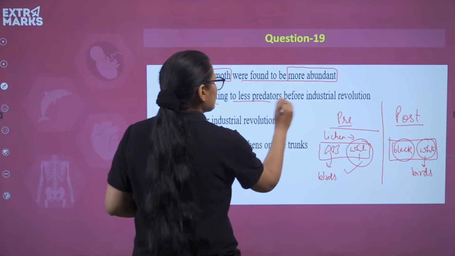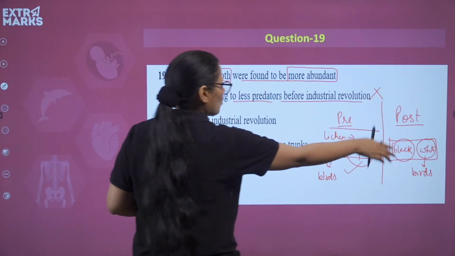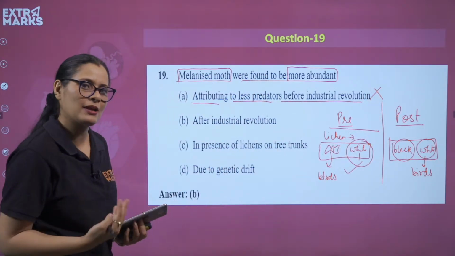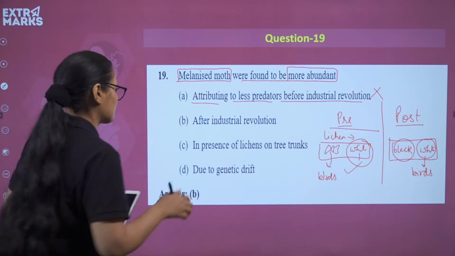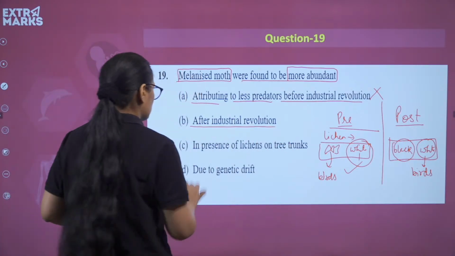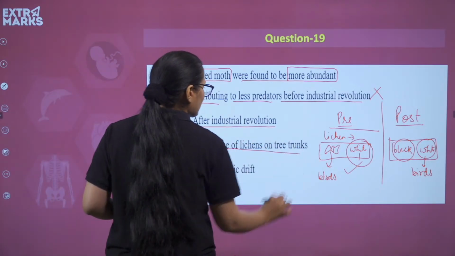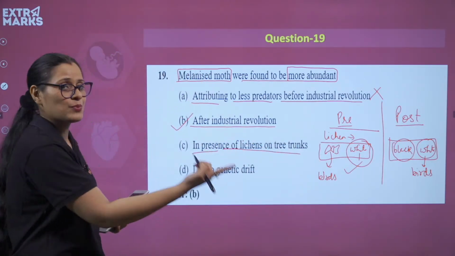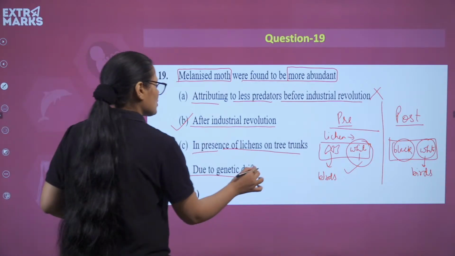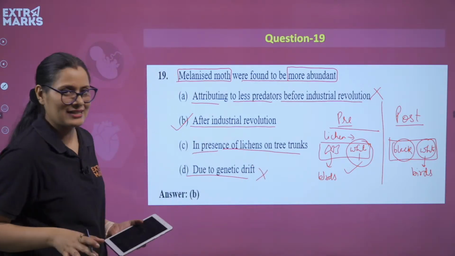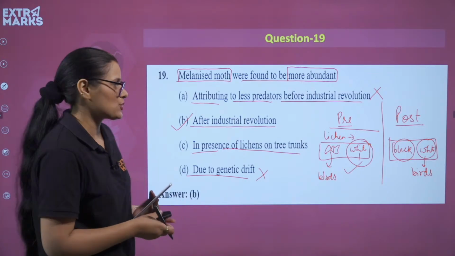Attributing to fewer predators before the industrial revolution? No, the predator was there both pre and post-industrialization. After industrial revolution is the correct answer. In presence of lichens on trees, no, that is the case pre-industrialization. Due to genetic drift is absolutely incorrect. This has nothing to do with this option.